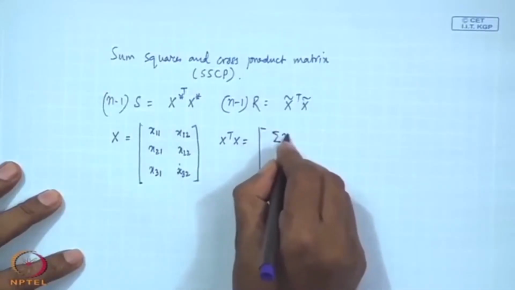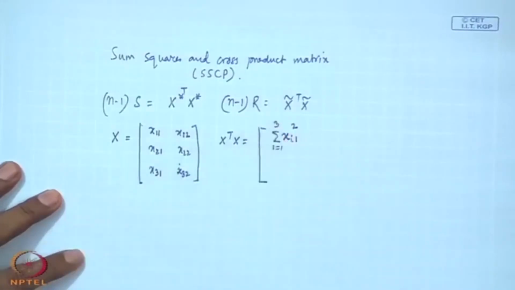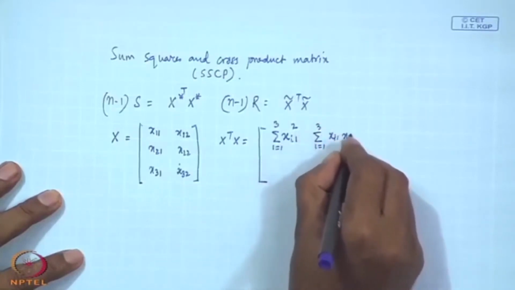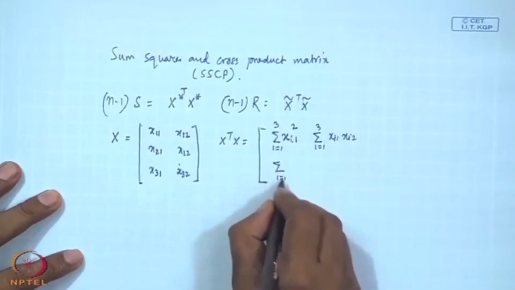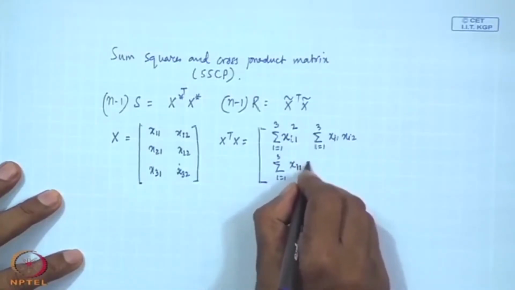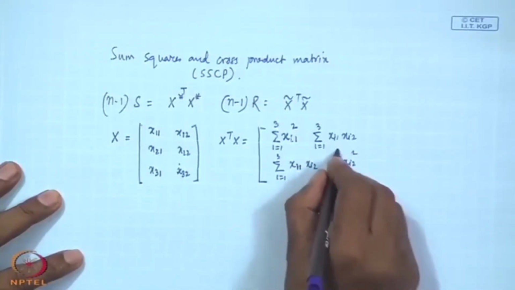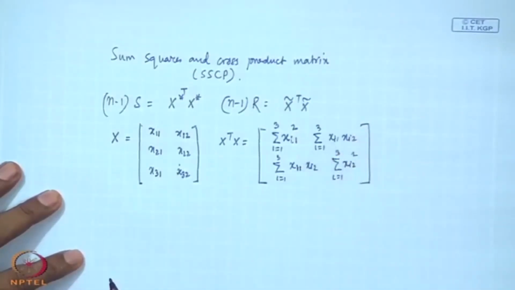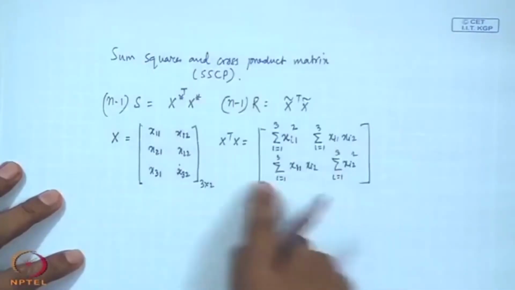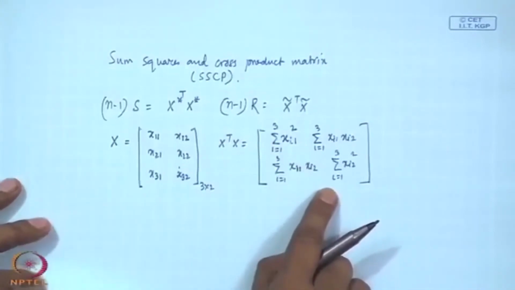You will get the sum over i equal to 1, 2, 3 of Xi1 square, the sum of Xi1 Xi2, the sum of Xi1 Xi2, and the sum of Xi2 square. I have taken a 3 cross 2 matrix. Earlier, in the case of subtracting the mean and dividing by the standard deviation, we saw we got a similar formula.